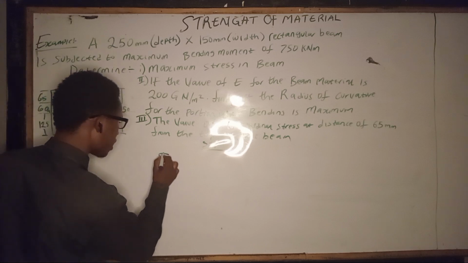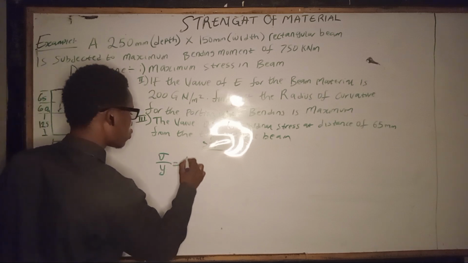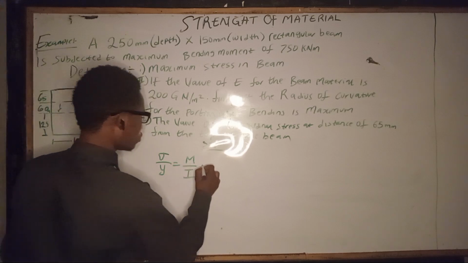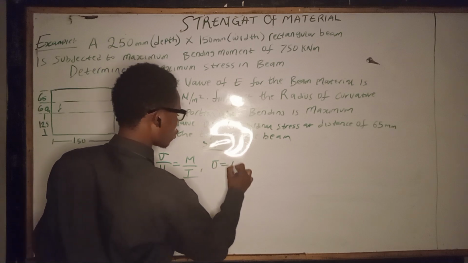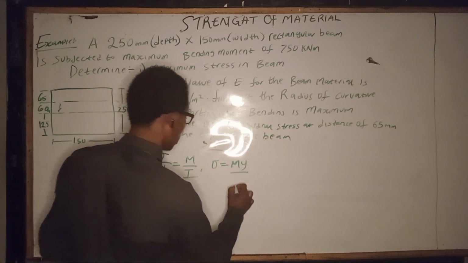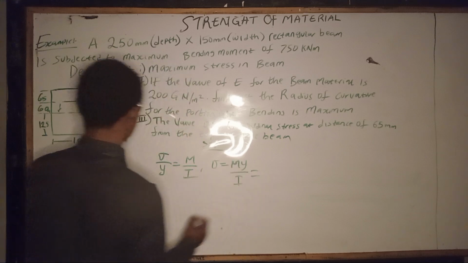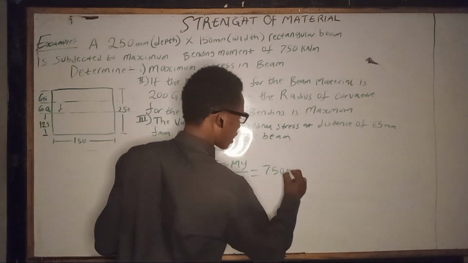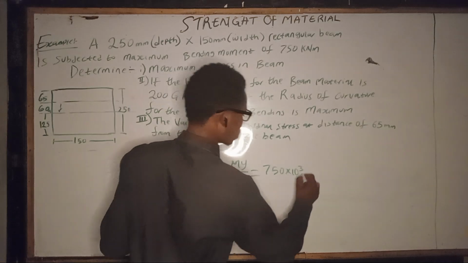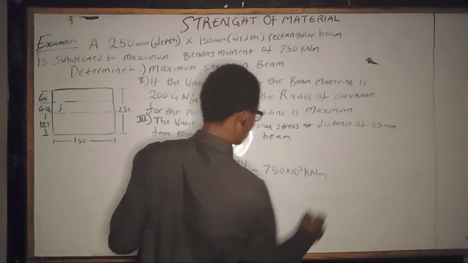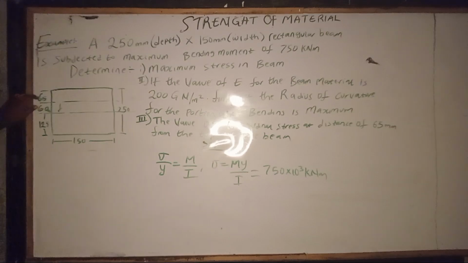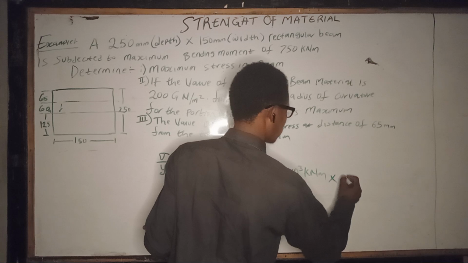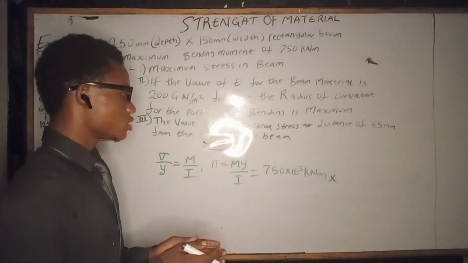So we just use sigma over y is equal to M over I. So we have sigma is equal to M y over I, where the M is equal to 750 times 10 raised to the power 3 Newton meter, and our y now is this distance here, which is 60.